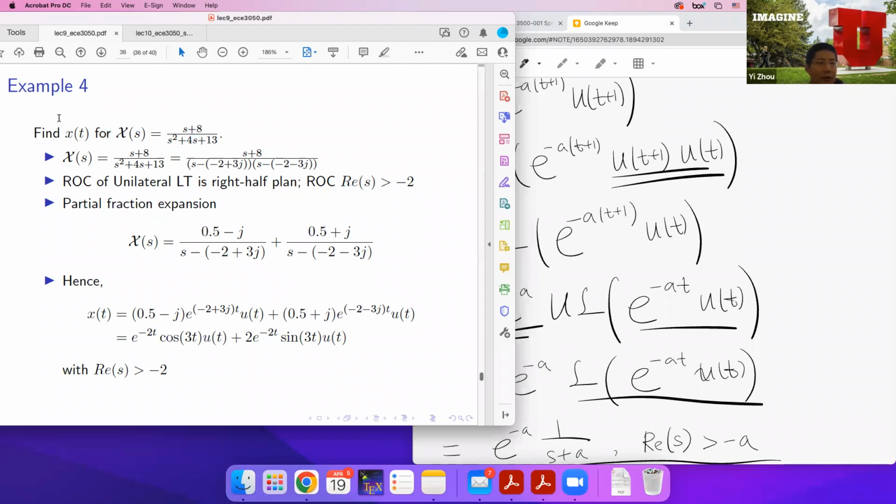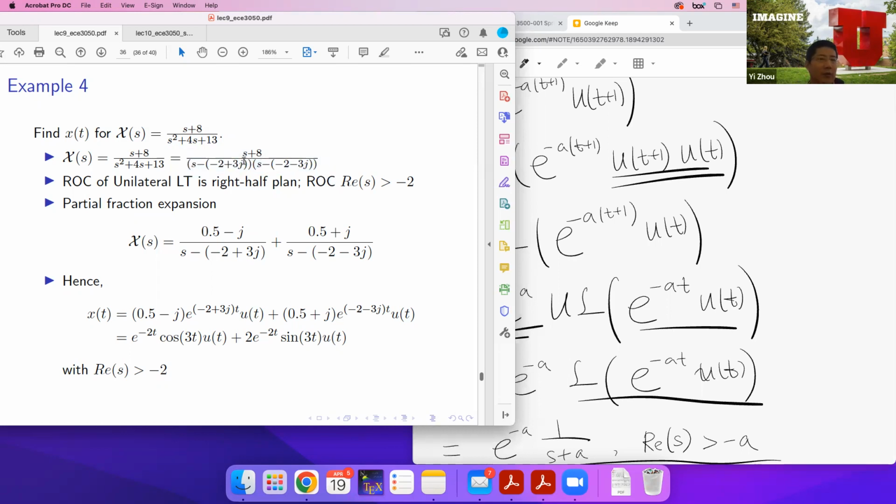So let's try to understand from this example how to find the inverse directly from the unilateral transform. You can see here we are not given any conditions on the region of convergence, but we are given the unilateral transform instead of the bilateral, and the unilateral transform implicitly contains information on the ROC. So what we do first is, for the denominator, we do a standard decomposition, factorization.